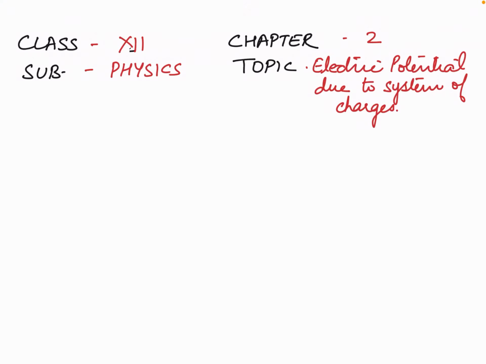Now in this we will discuss the electric potential due to a system of charges. System means a group of n number of charges, a large number of charges.